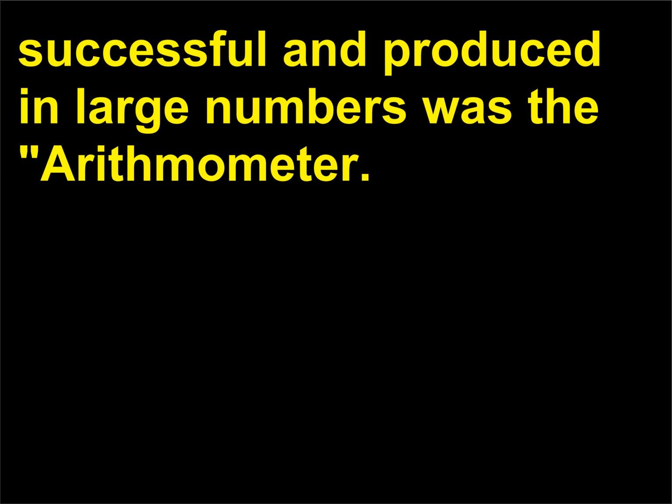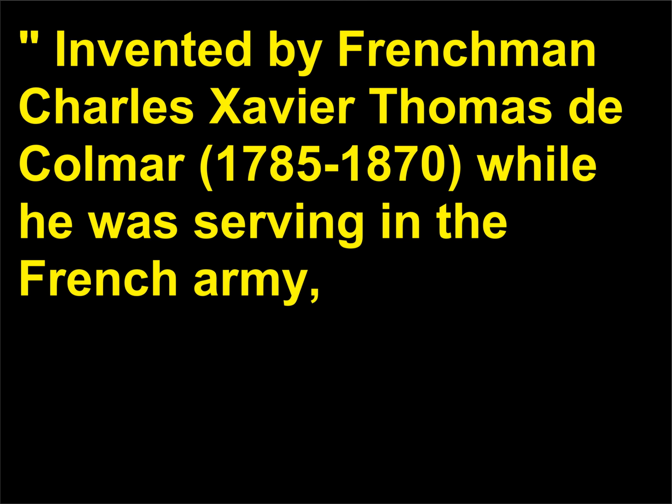By 1820, the first calculating machine to be commercially successful and produced in large numbers was the arithmometer, invented by Frenchman Charles Xavier Thomas de Colmar, 1785 to 1870, while he was serving in the French army.